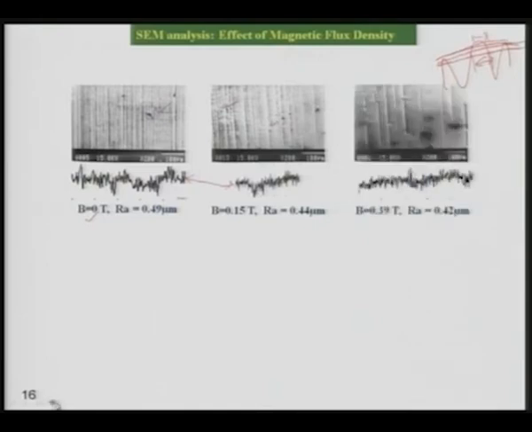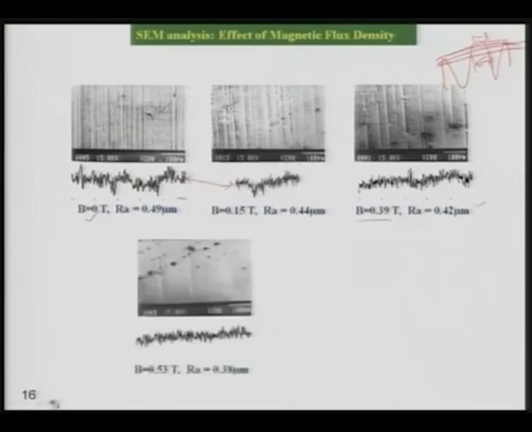Now if you increase the flux density, and you can see B is equal to 0.39 Tesla, RA value is 0.42, it further goes down, and at 0.53 Tesla it comes down to 0.53. You can clearly see the difference in these two figures.